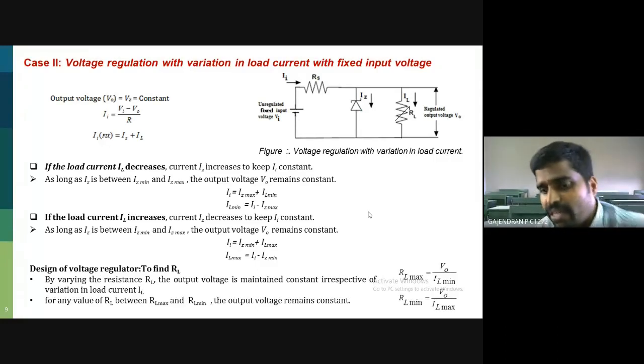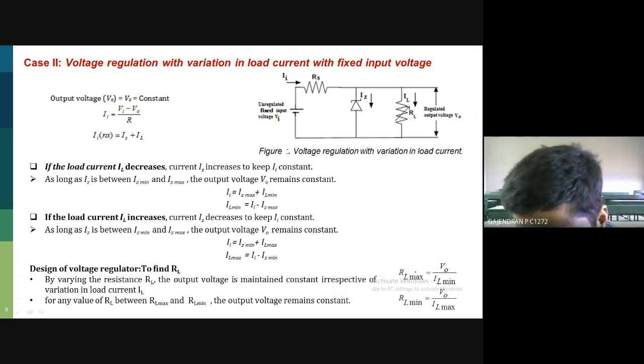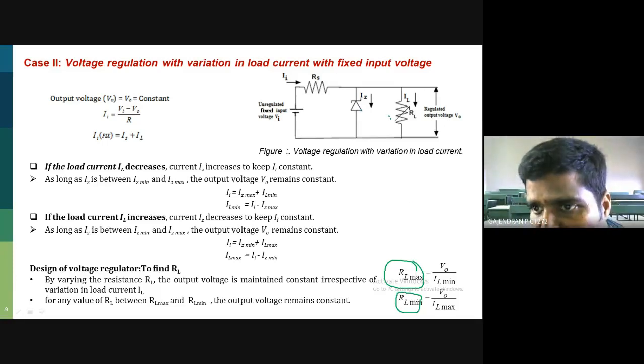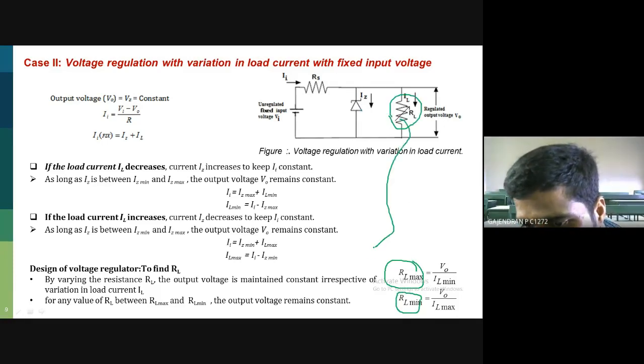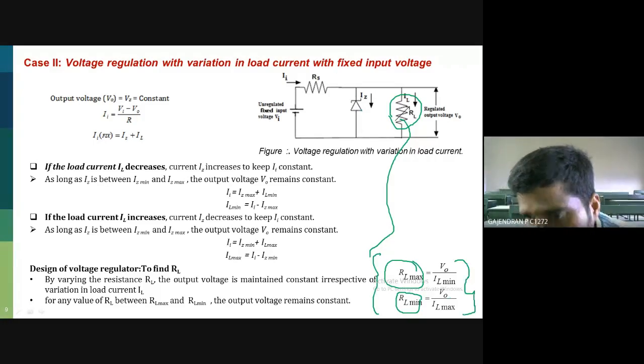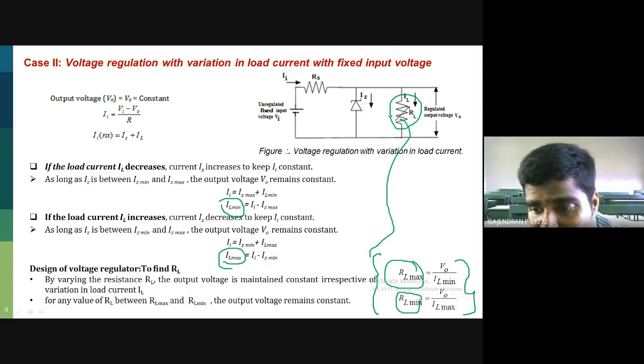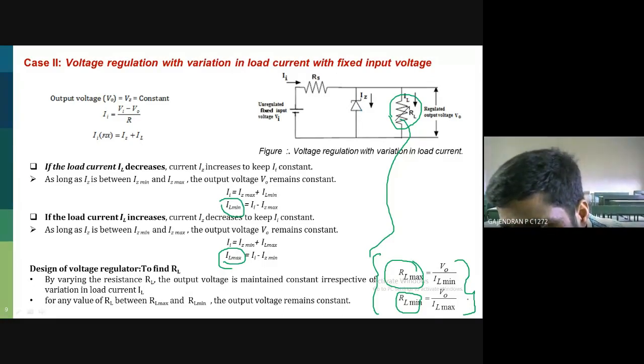Okay, so what maximum load I can give and what minimum load I can give for my RL, that is this load. What is the minimum and maximum value I can have? Using these two formulas I can calculate the maximum load current that varies, and the maximum input current based on my output voltage.